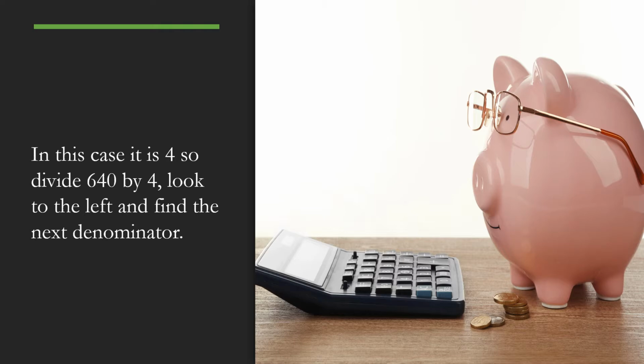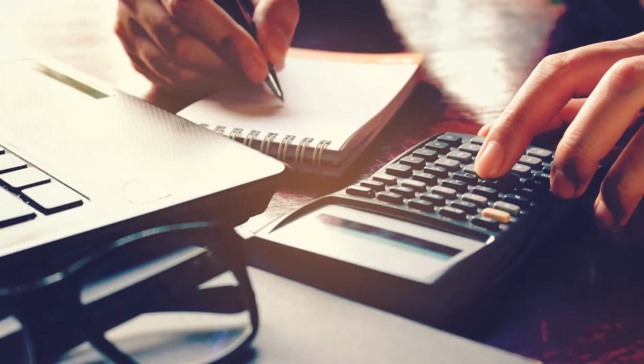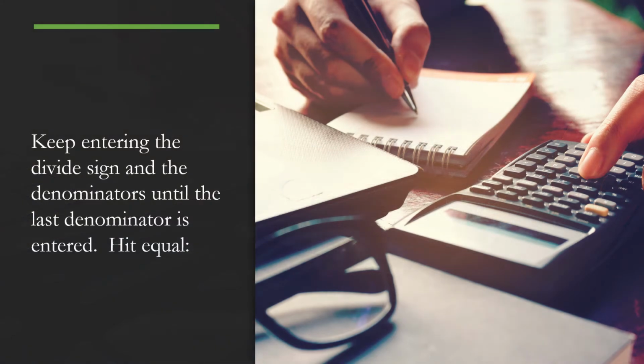In this case, it is 4, so you divide 640 by 4. Look to the left and find the next denominator. Keep entering the divide sign and the denominators until the last denominator is entered, and hit equal.